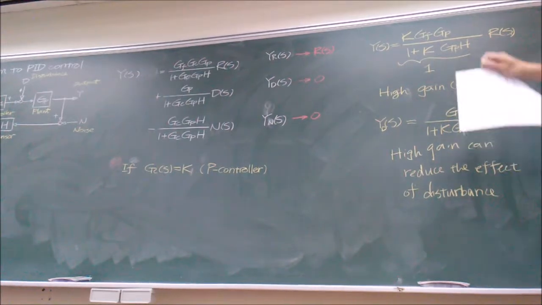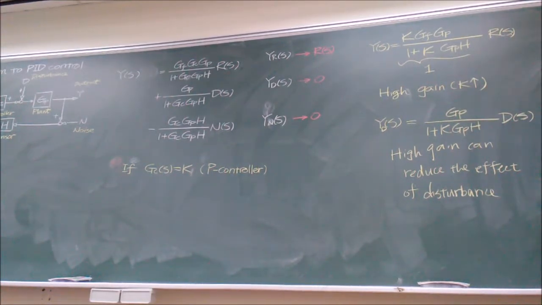It means that if you have your system like this, a high-gain system, you are going to have good tracking performance because Y is going to be close to R. You're going to reject disturbance because this part is almost 0, so you're going to reject almost all the disturbances.